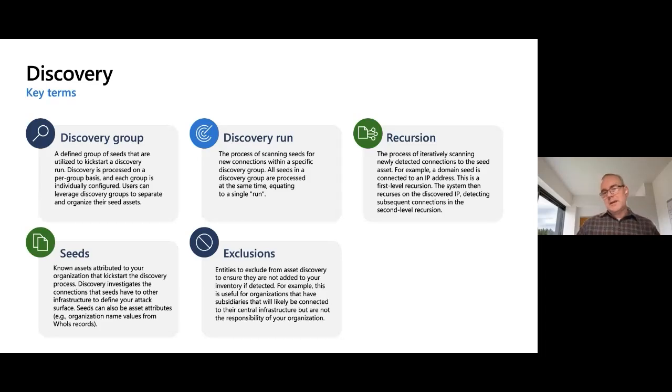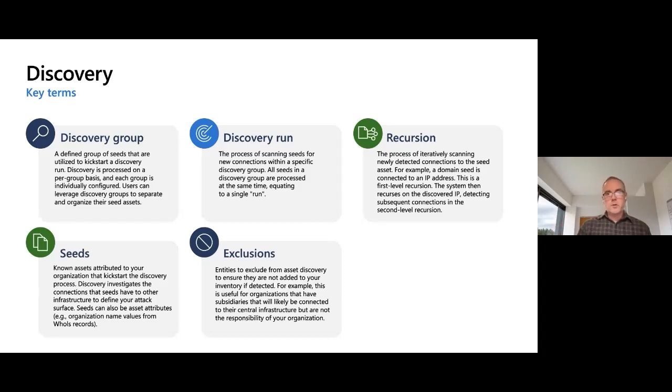Now, there also could be instances where there are parts of your attack surface where you know for sure that you do not want that as part of your organization. Maybe it was a divestiture, maybe it was a spinoff, or maybe they have their own security team and that's their problem. You really don't want that in your metrics and you don't want anything to do with it. You can utilize what's called an exclusion.